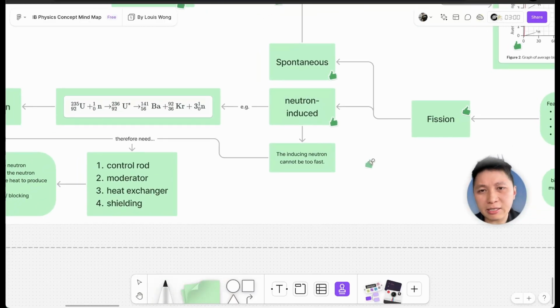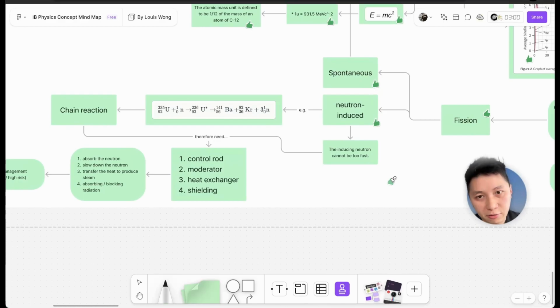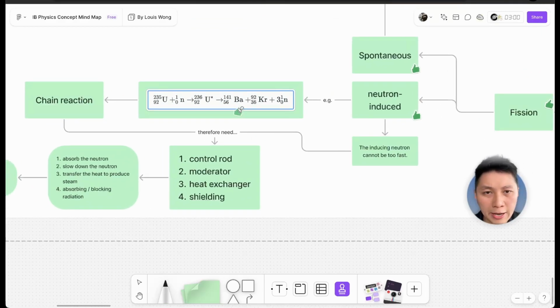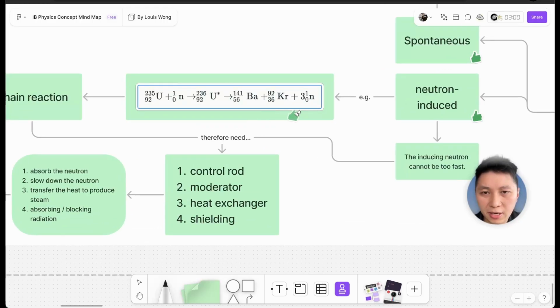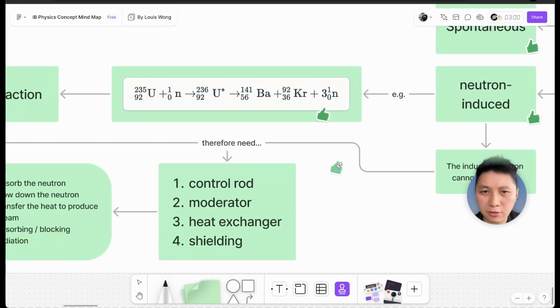The other one that more people will often talk about when they talk about fission is the neutron-induced one. So uranium, of course, the very popular one. You must have seen this uranium reaction. It's so typical that you have almost seen it a lot of times.